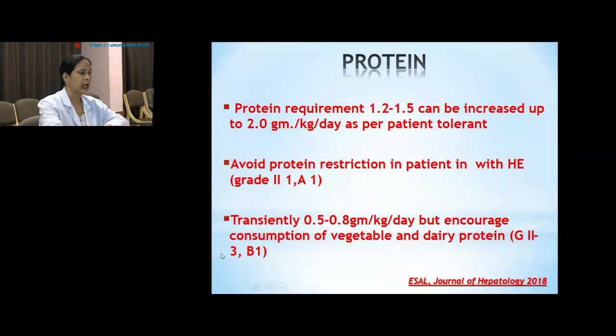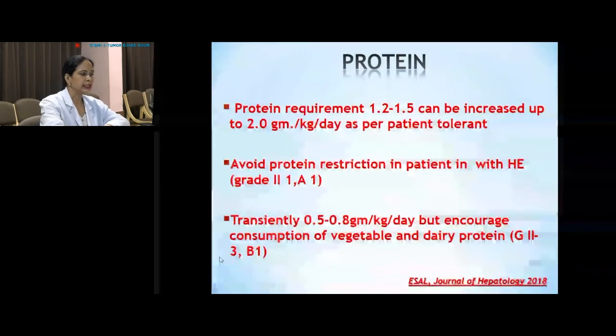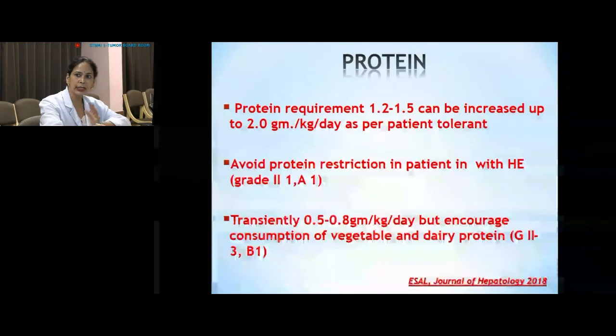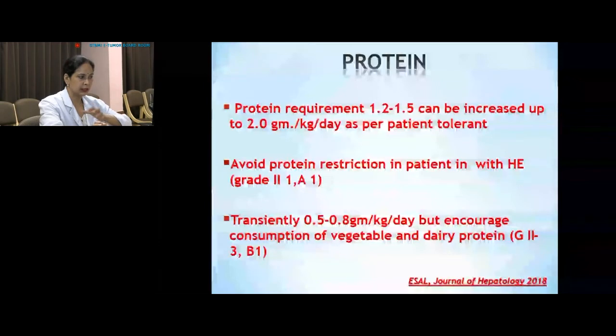Avoid protein restriction in patients with HE grade 1 and grade 2. In HE there is no need for restriction of the protein. Transiently 0.5 to 0.8 has been noted here. If the patient has slow bowel movement or paralytic ileus, there is the chance of aspiration, and protein makes the gastric emptying delay.